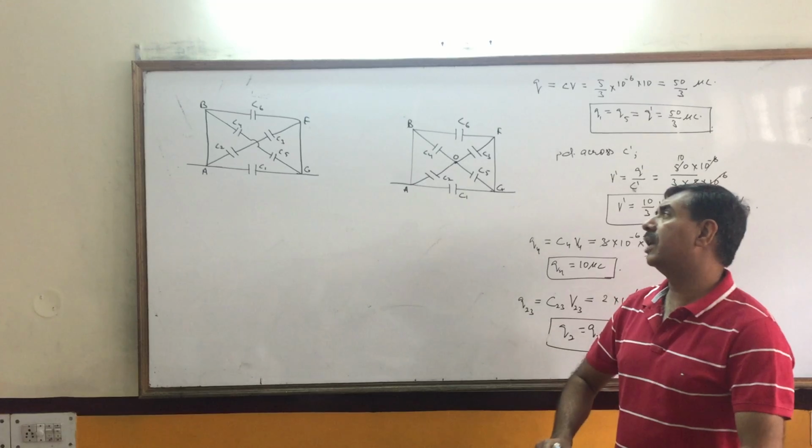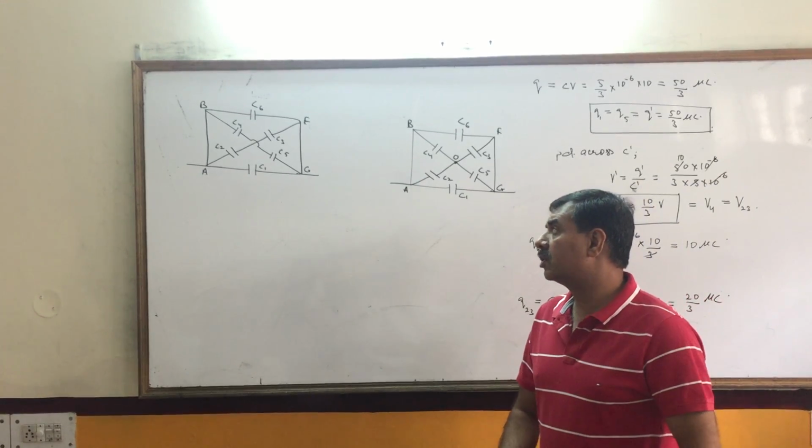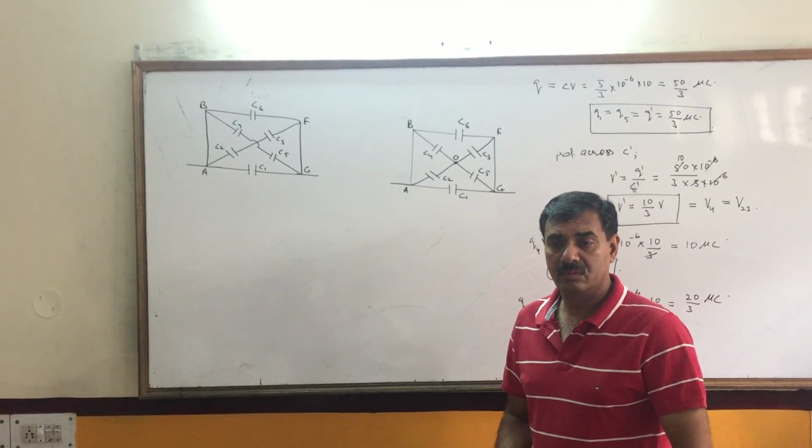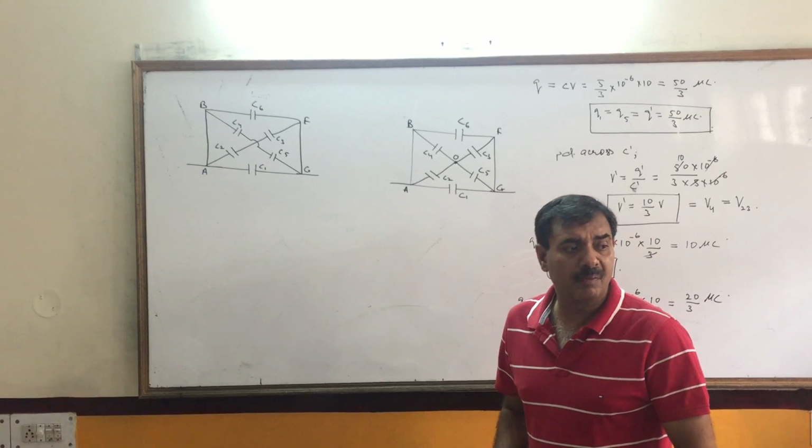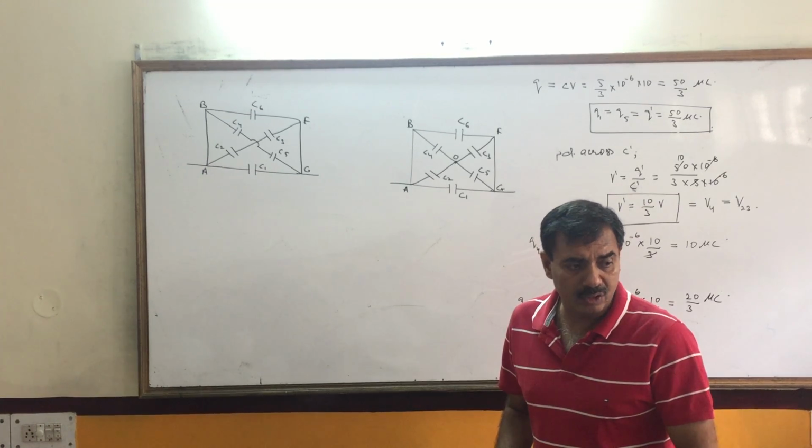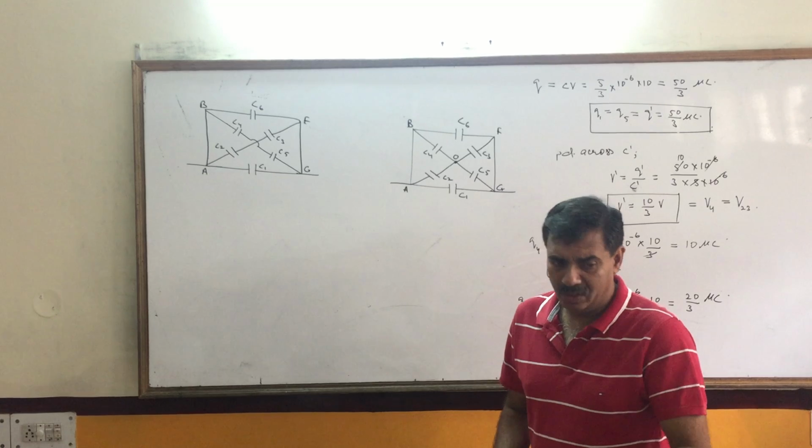In the second circuit, O is a junction. In the first circuit, there is no junction. Junction is the point where a number of conductors converge or meet.